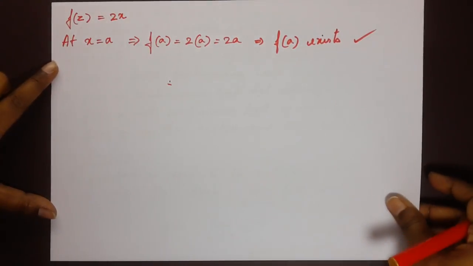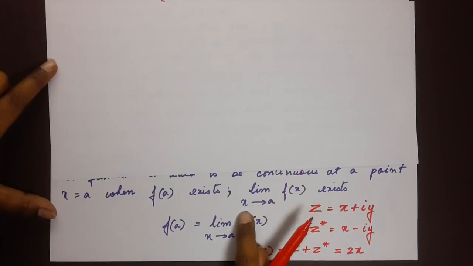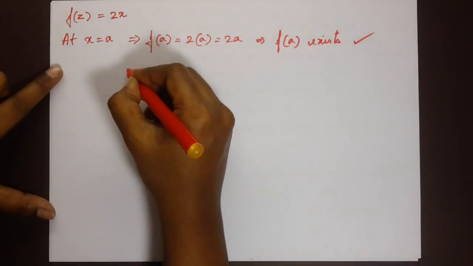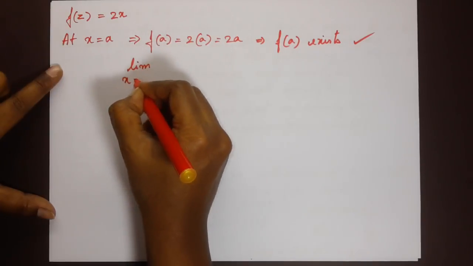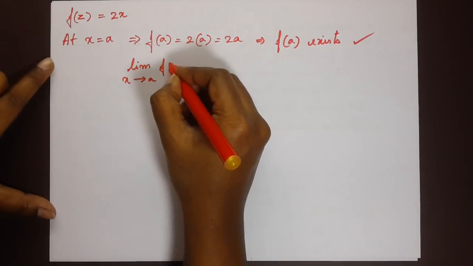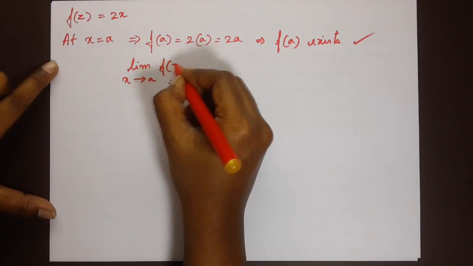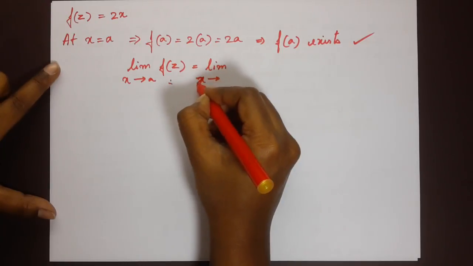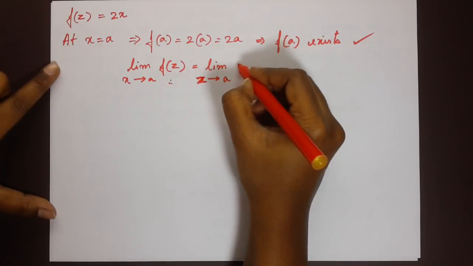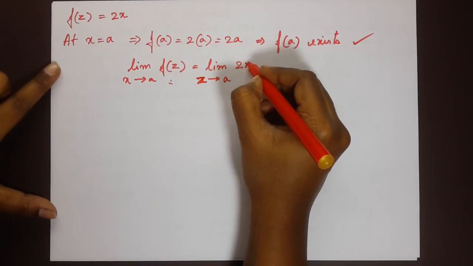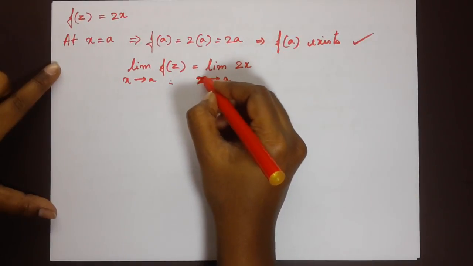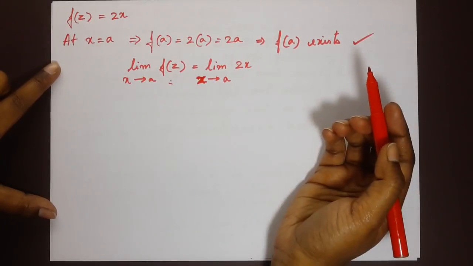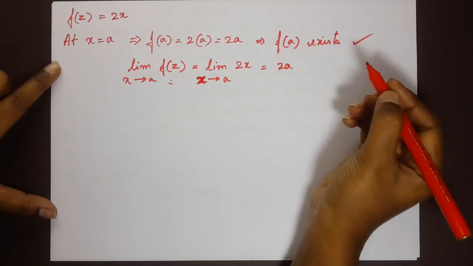Now the next condition says that limit x tends to a, f of x exists. Limit x tends to a, f of x, so that's f of z, which is limit x tends to a of 2x, since this is in terms of x. So it definitely does exist. This will give us 2a.